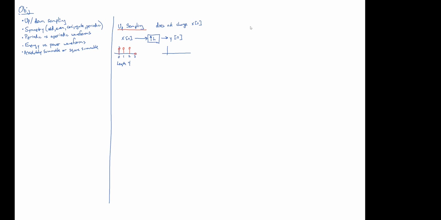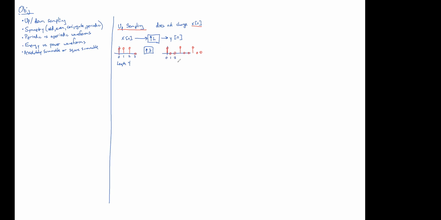And if we upsample it by, say, 3, what you will get out will be always the same signal at x naught, but then we'll insert an extra 2 zeros in between them.